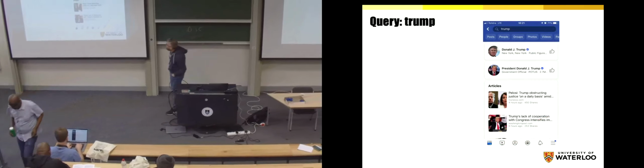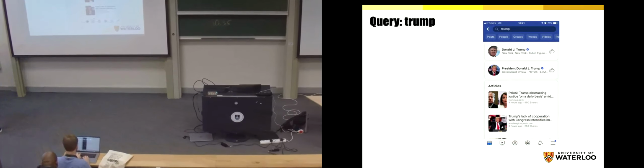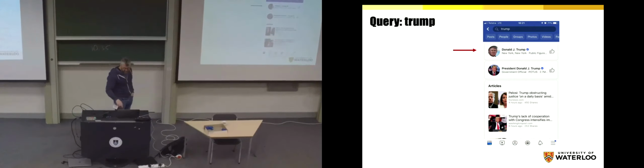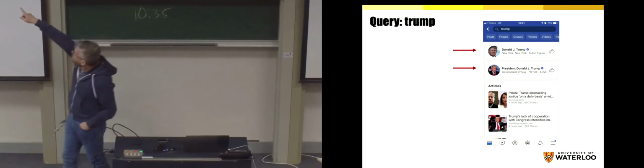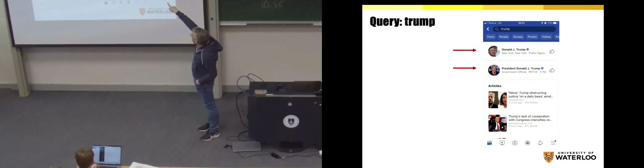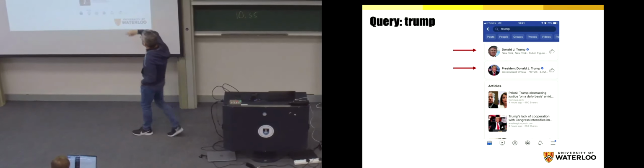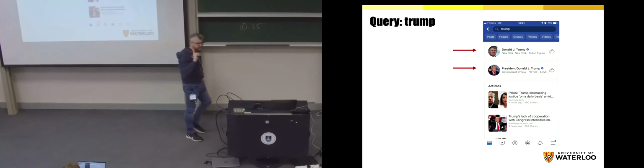So here's an example I had from Facebook to show you actually how difficult it is to say what is the right answer. Here we actually have pretty good right answers, but if I type Trump into Facebook at that time, we have two things here. And these are both the official accounts of the President of the United States. You can tell they're official accounts because you see that little blue tick mark that says it's been verified.